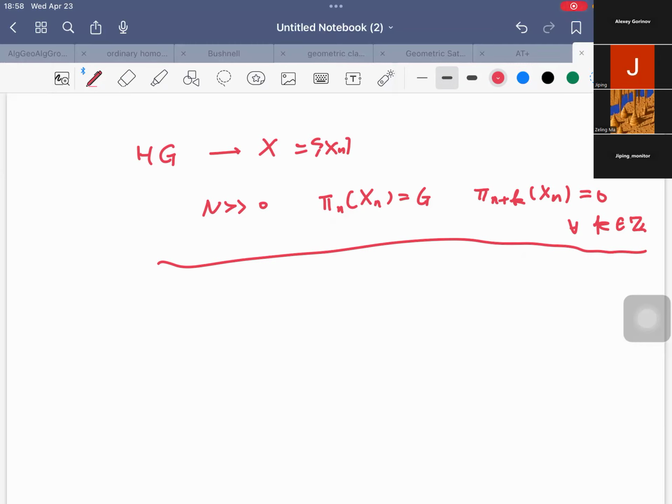Okay, so then the spectrum one gets is an Eilenberg-MacLane spectrum, but still one needs to prove this.